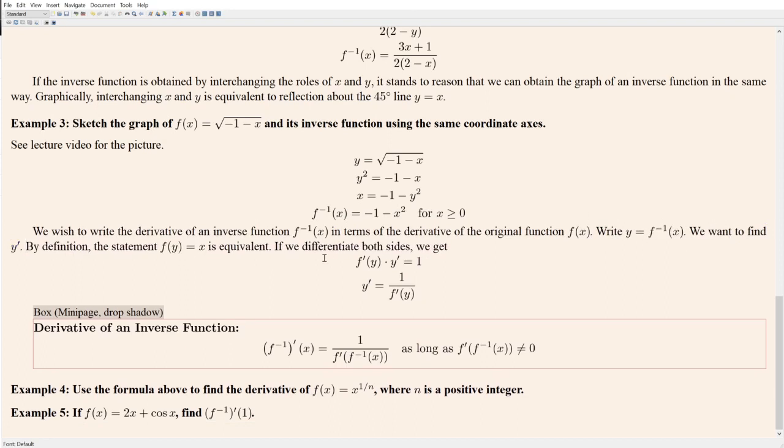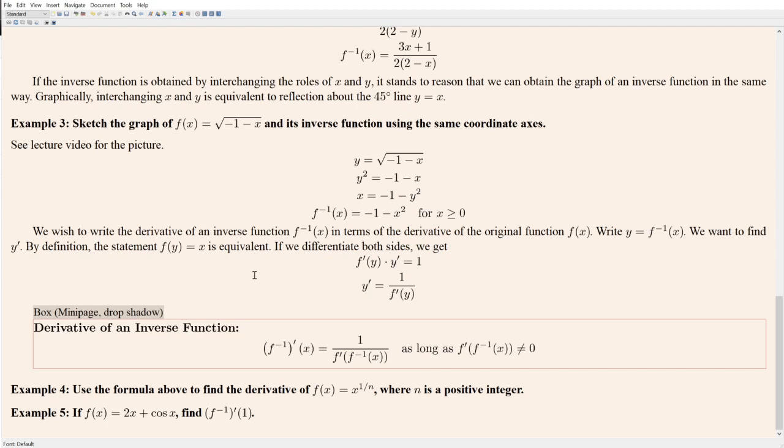We want to differentiate the inverse. Okay, well, by definition, the statement y equals f inverse of x is equivalent to the statement f of y equals x, right? It's as I've been saying. You just take the f and put it on the other side. So this is equivalent to the statement f of y equals x.